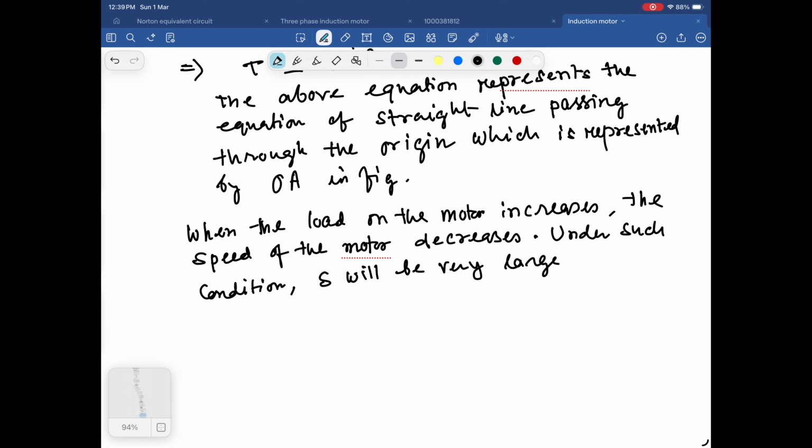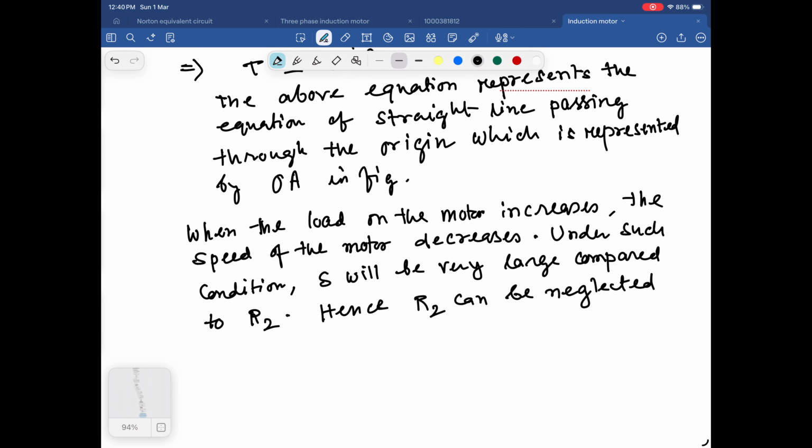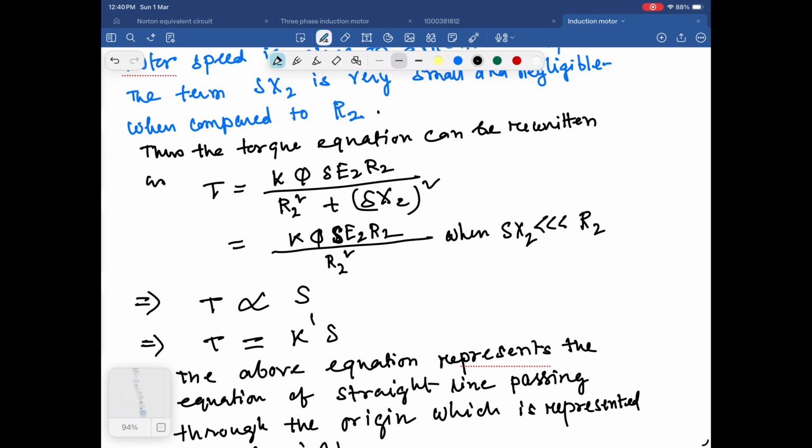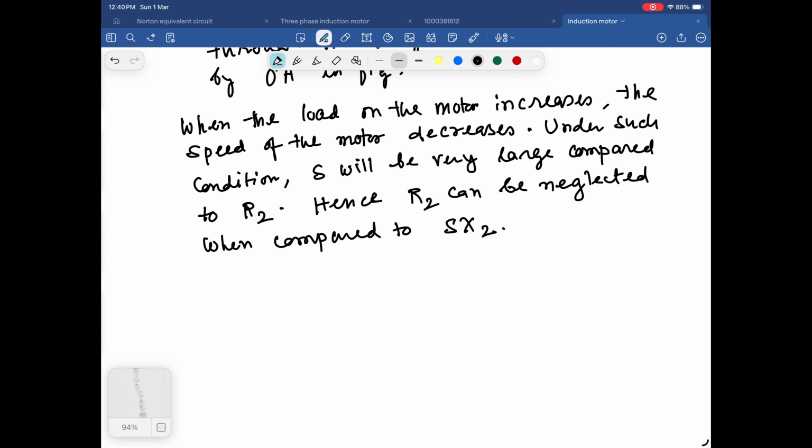Under such condition, the slip will be very large compared to R2. So now we can neglect R2 square.